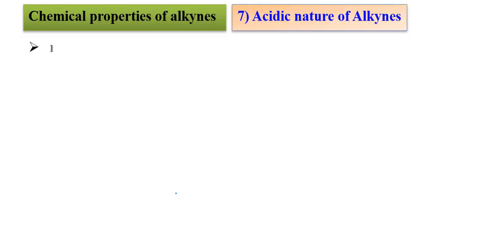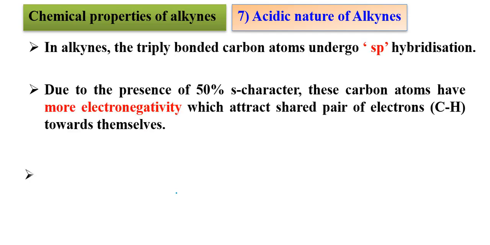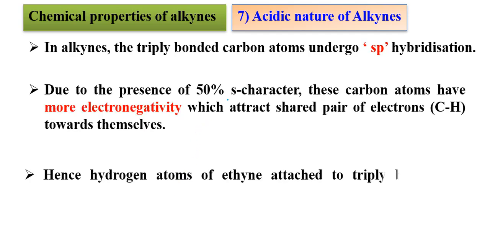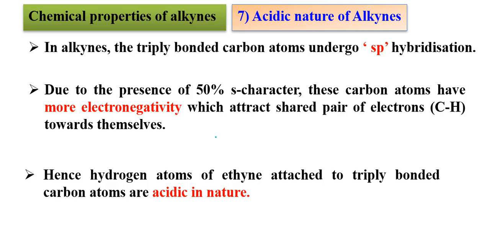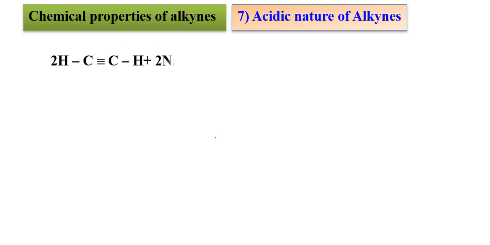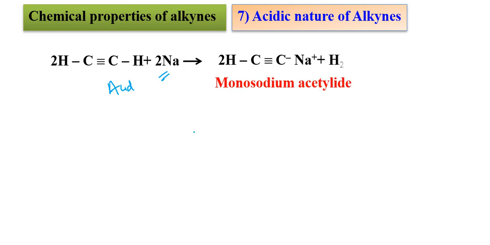Next, acidic nature of alkynes. Already we discussed this topic. So this is the acid nature. Acids react with metals to produce hydrogen gas. You can observe the same thing. This active hydrogen is replaced by sodium, producing hydrogen gas.